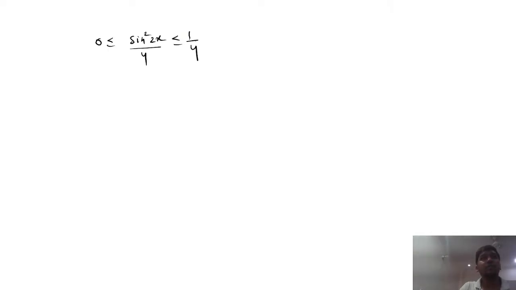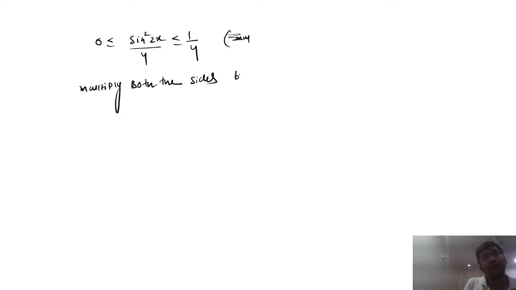Now, multiplying the negatives. In the next step, multiply both the sides by minus.